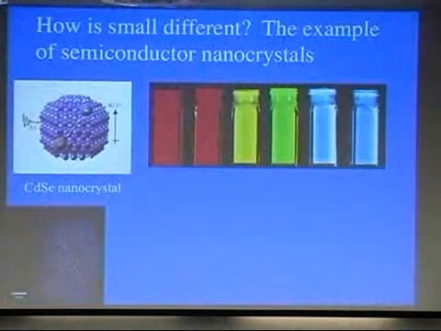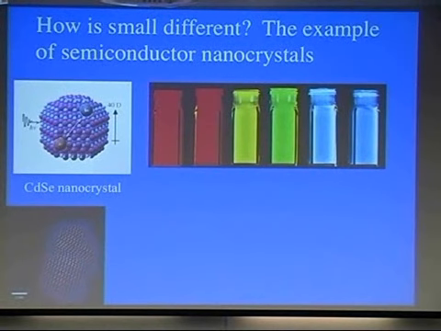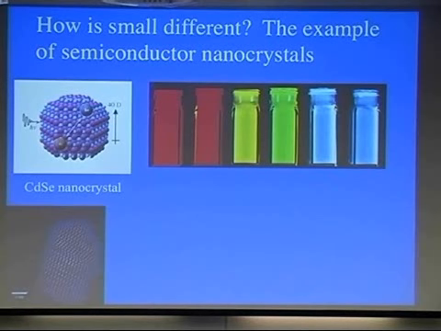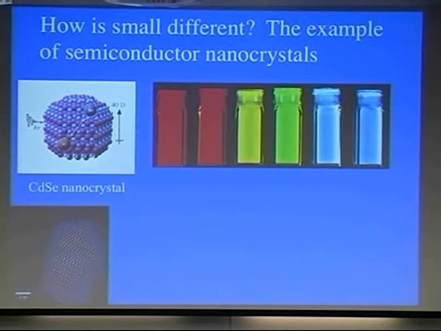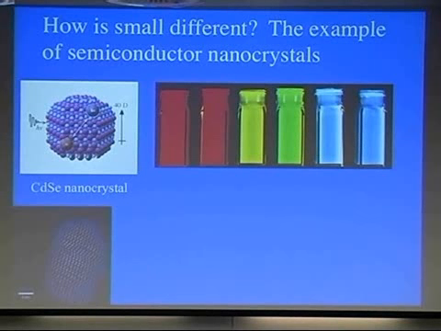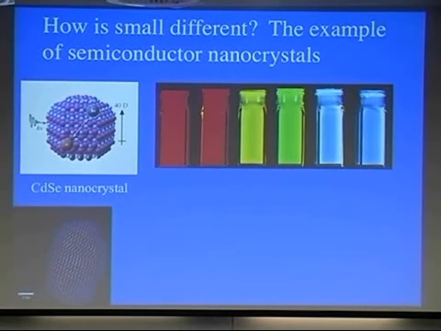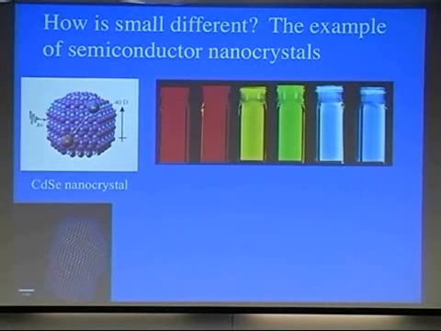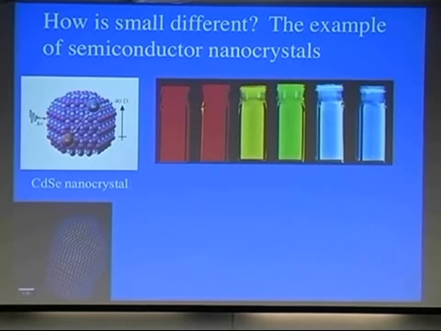Here's a type of nanotechnology that we're really, really good at at Vanderbilt. We do this in my research group, and in some other research groups on campus. I also pick it because it's an example of how, when you get down to the nanoscale, material has different properties. We make something called a semiconductor nanocrystal, and it looks like this.